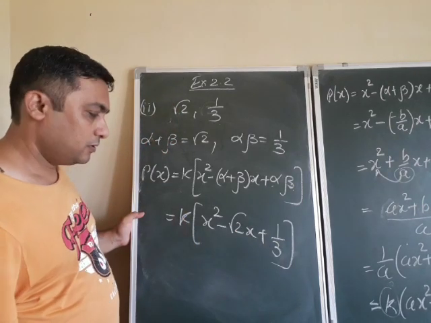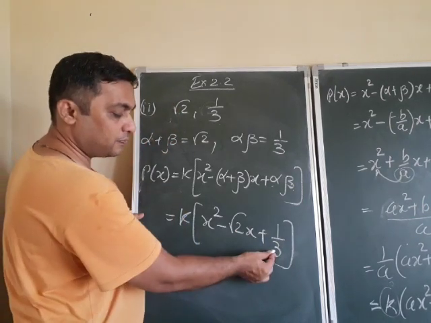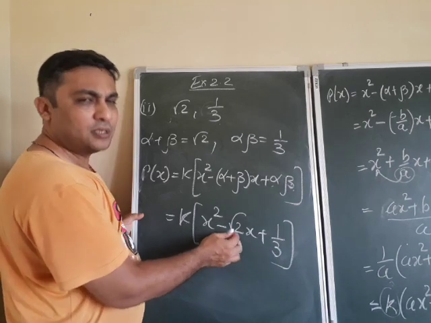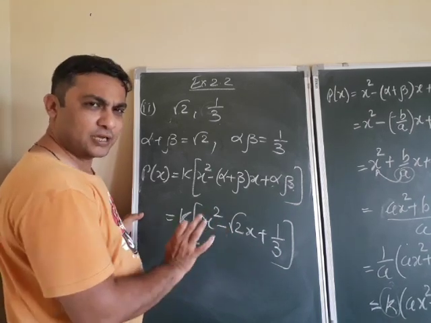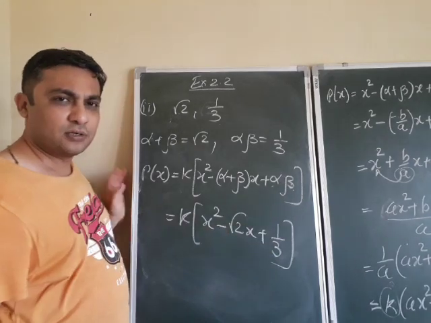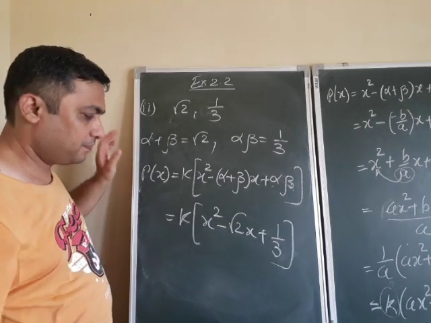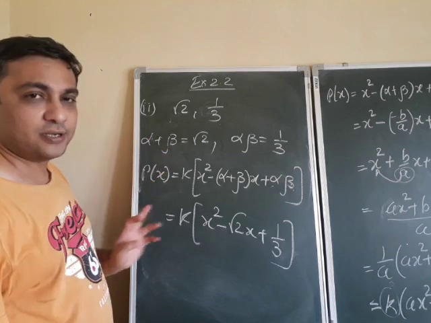Example over. Now students are asking, sir, can we take 3 as LCM? Yes, if you want you can, and if you don't want you can keep it this way, as you wish. Over. Please complete the example.